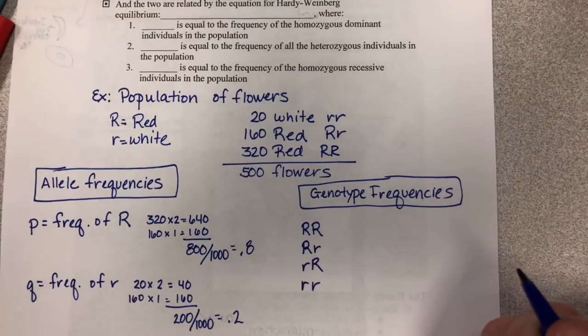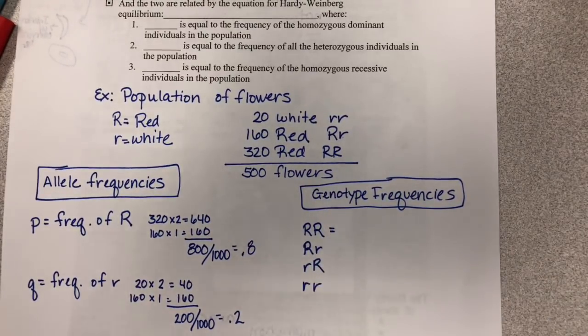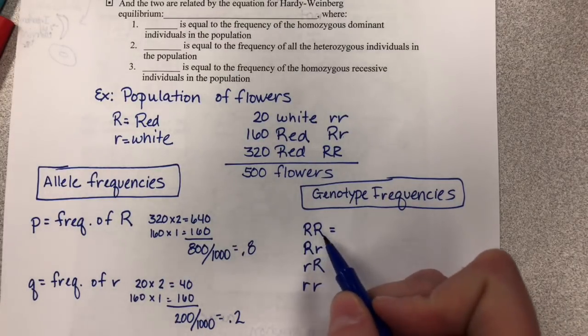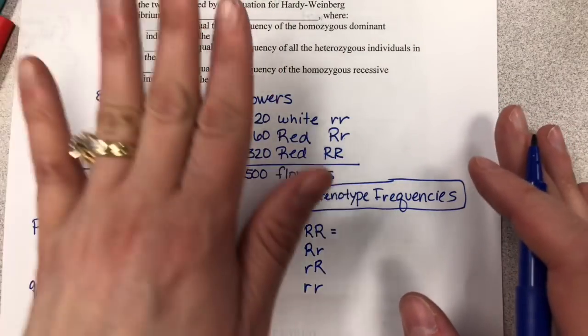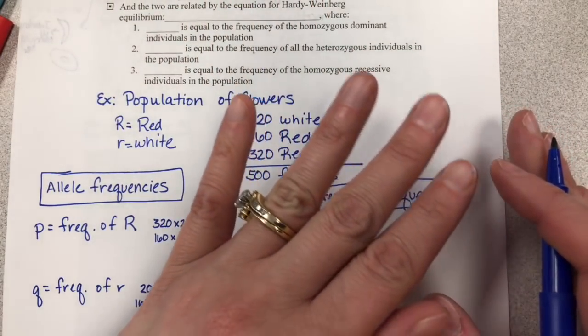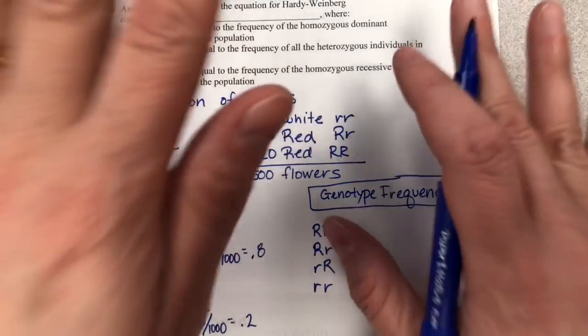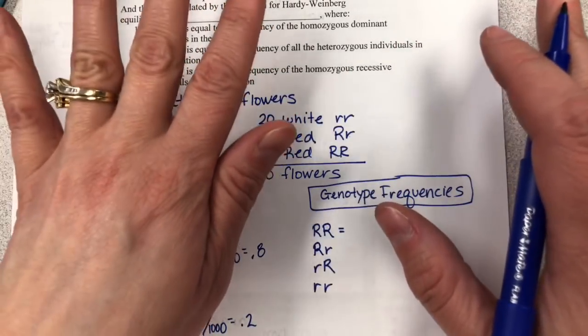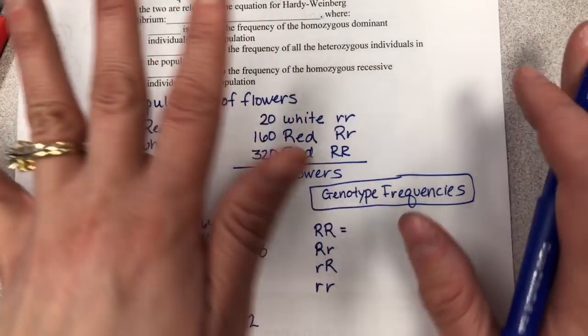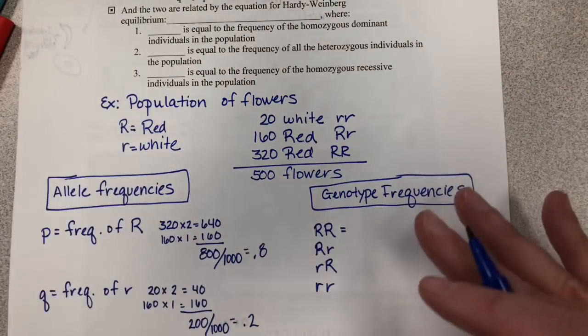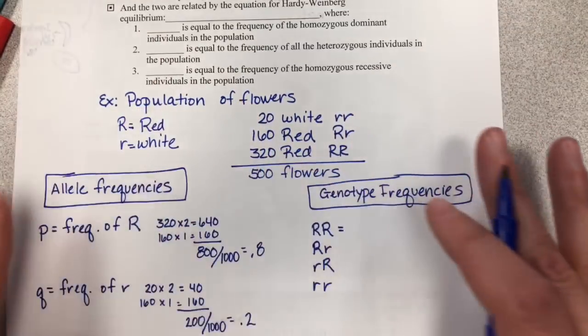So what we're going to do is figure out mathematically how we can figure this out. So let's look at big R, big R. How do we get to be a big R, big R? If you remember the rule of multiplication, you take the chance of one thing occurring and the chance of another thing occurring, and you multiply them together to get the chance of both occurring together.